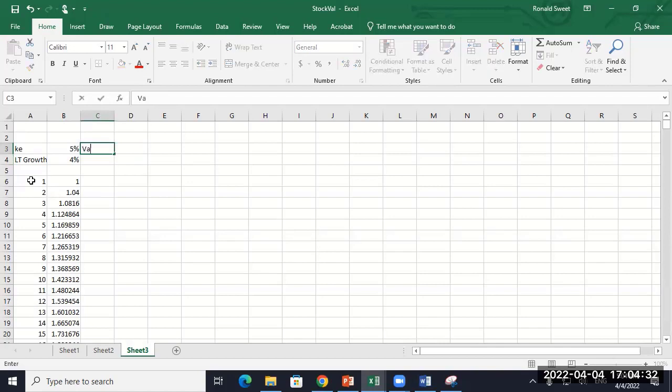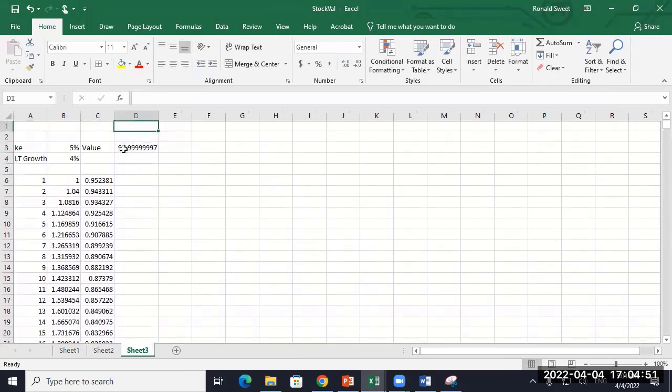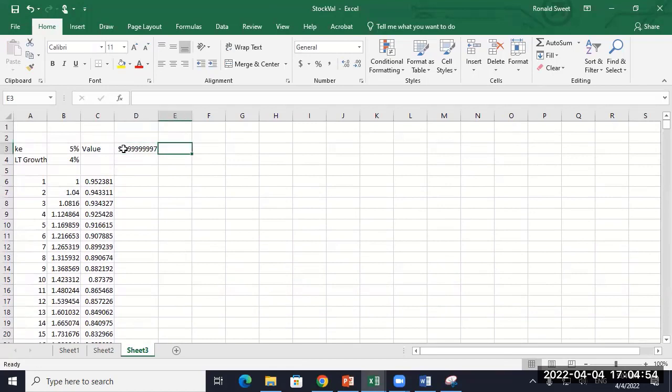And what's the value of the company? Well, we just take that dividend divided by 1 plus our discount rate, raised to the time. So our value is just the sum of those. $99, or what else can we say? It's $1 divided by KE minus the growth, $100.